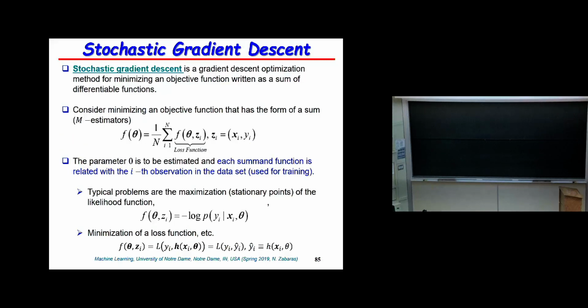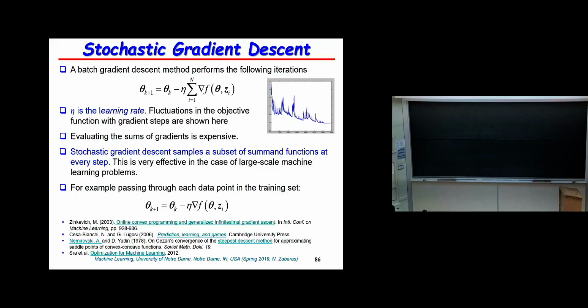Here we have summation over n, so I'm preserving this. But in reality, the way that this equation is going to be implemented is the way you see in the equation on the bottom. You're going to use updates using one data point at a time, okay? And eta is what is called the learning rate in these problems.